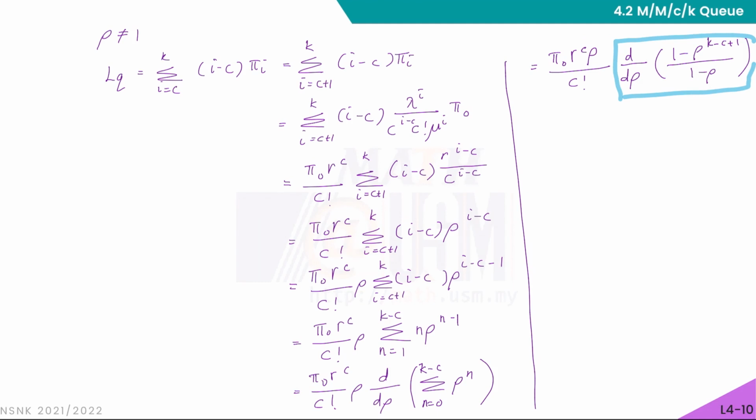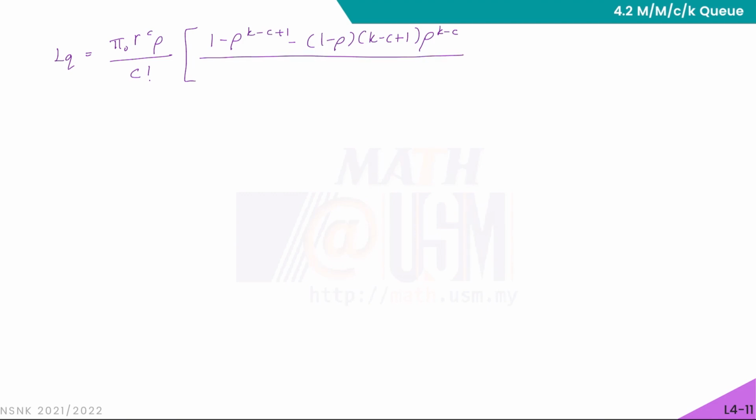Which will give us LQ equals pi naught times r^c times rho over c factorial. Differentiating the terms, you will get (1 minus rho to the power of K minus c plus 1 minus (1 minus rho)(K minus c plus 1) times rho to the power of K minus c) over (1 minus rho) squared.